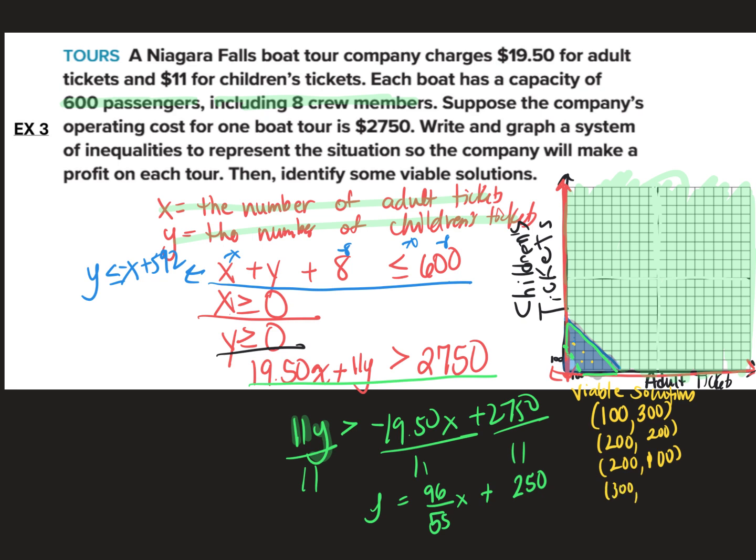And then what do these mean? The X value is the number of adult tickets, and the Y value is the number of student tickets. So what these things mean, this first solution is that 100 adult tickets and 300 student tickets.